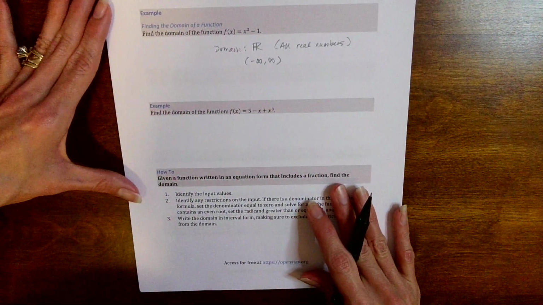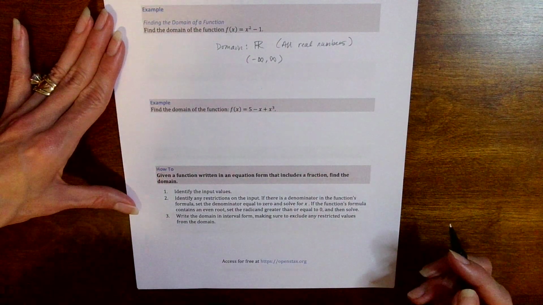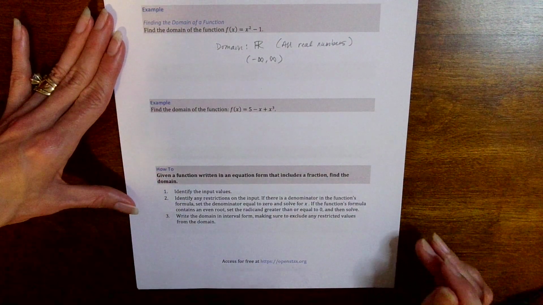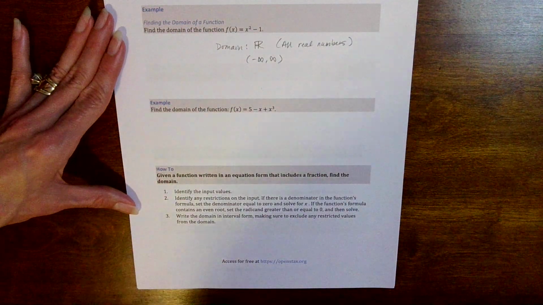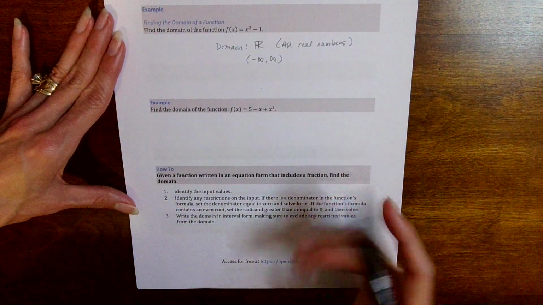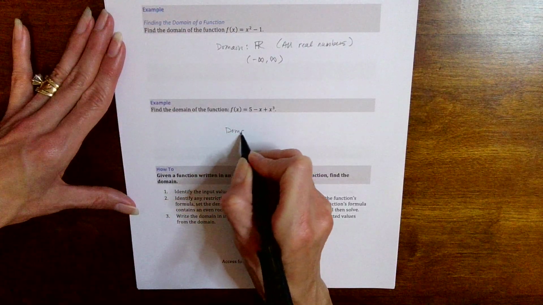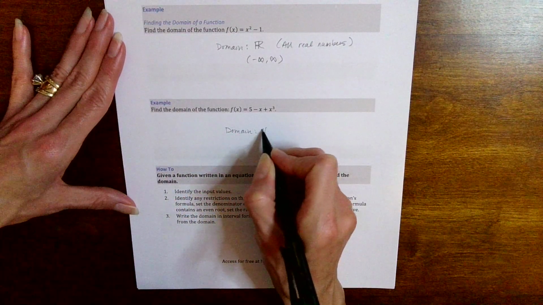So let's find the domain of this guy. He's a cubic. There's no reason he's a square root or a fraction. So I can also put all real numbers in this one.